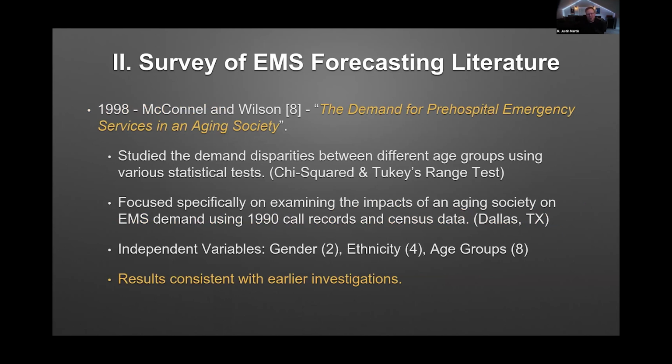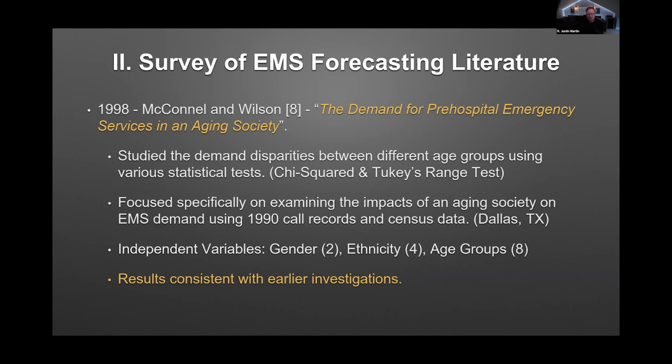There was a big delay there in some research, but they were the first to really focus in on different age groups to try to figure out basically what are the categories of demand on an age level. They also looked at gender and ethnicity. And nothing really earth-shattering here.